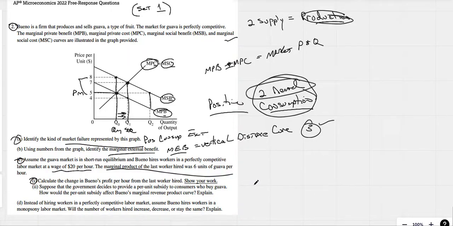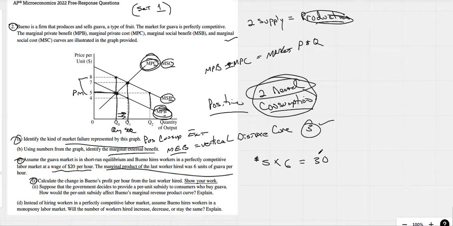What I know is that at the market price of $5, now again, how do I know it's the market price? Because I know where MPC and MPB come together. That's what they're selling guavas for, $5. The last worker produces 6 guavas.